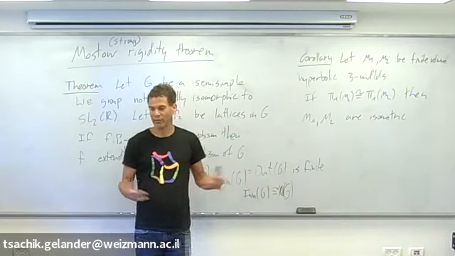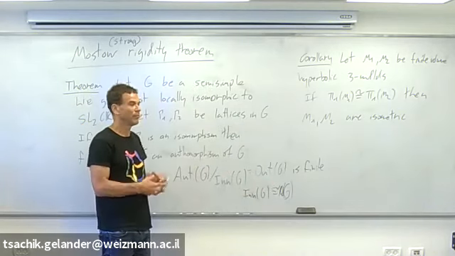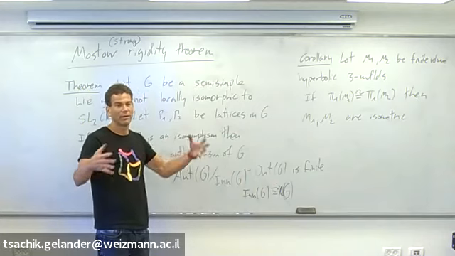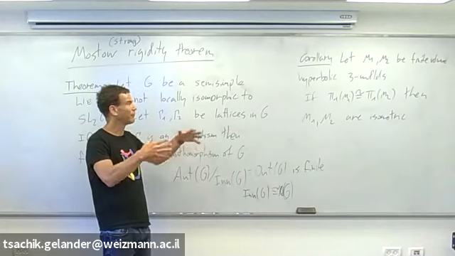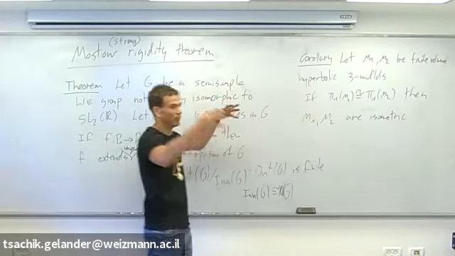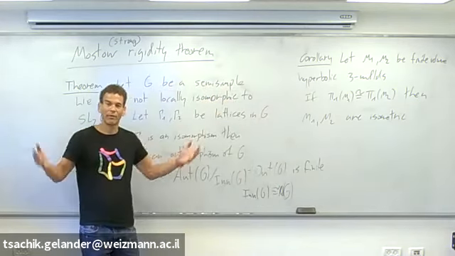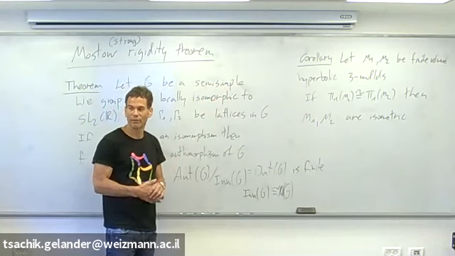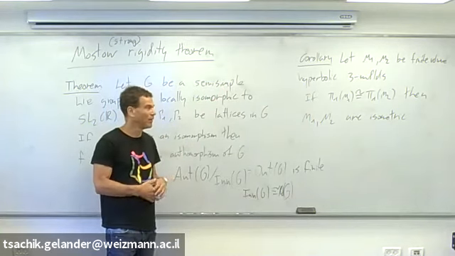In some sense, this is also a beginning of the boundary theory, because the proof of Mostow is by extending maps. You have maps between two discrete groups, you extend them to the boundary of the symmetric space, the Tits boundary, the Tits building, which we discussed last year.